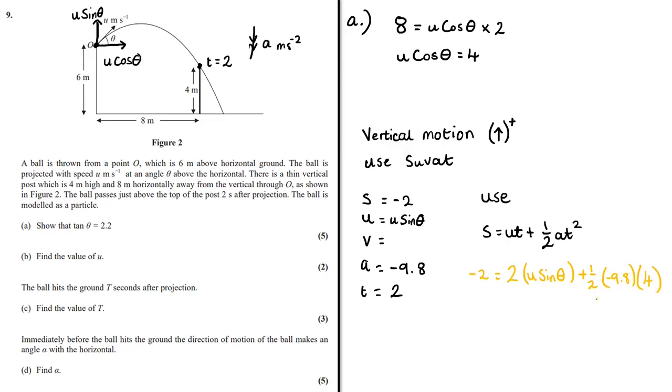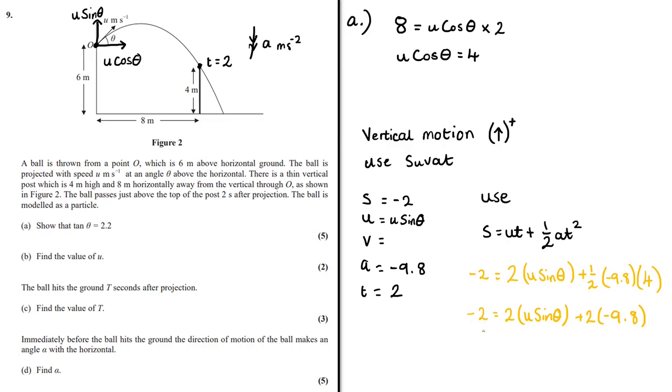And it's just a matter of simplifying here. Given that I've got a half times minus 9.8 times 4, a half of 4 would be 2. And what I noticed then is I've got minus 2 is equal to 2 lots of u sine theta plus 2 lots of minus 9.8. Because I've got a minus 2 here, a 2 here and a 2 here, I'm just going to divide through both sides by 2.